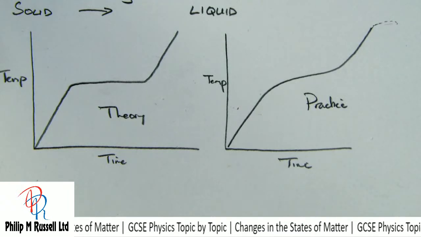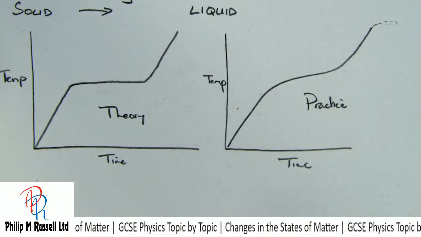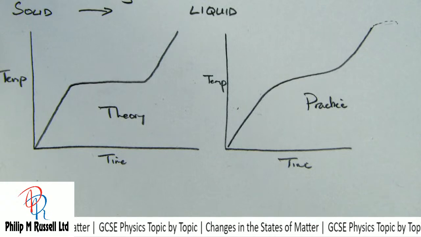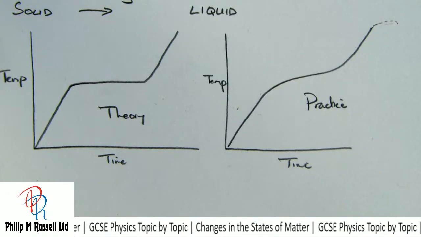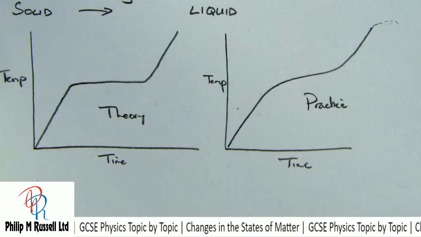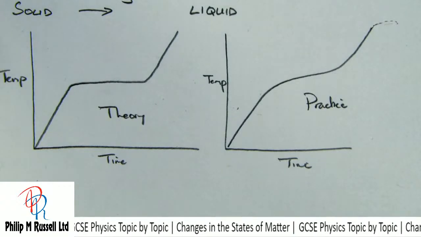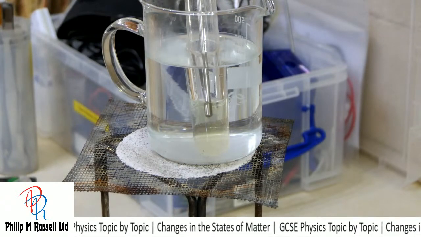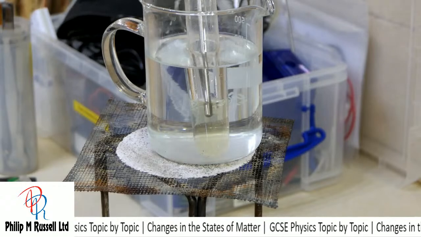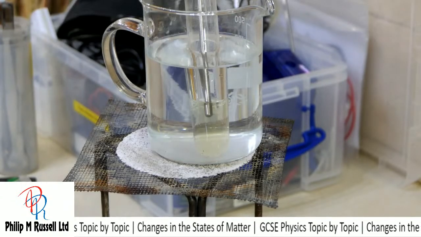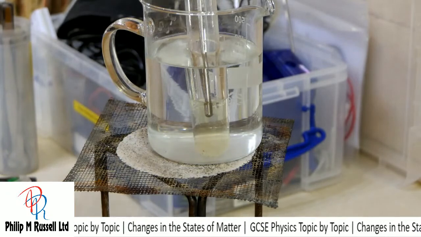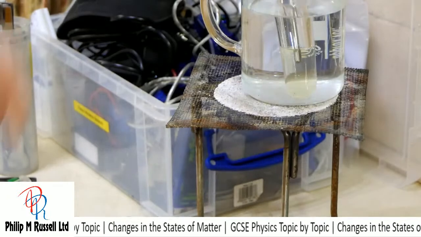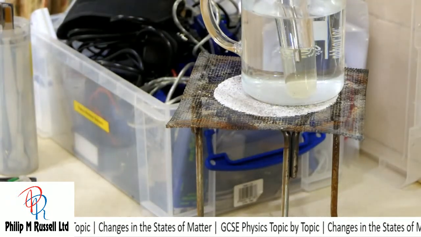Now while we're doing this, it's possible to do a slightly different experiment, which is to look at the changing of state, this time with its freezing point. I've got my liquid like that, and what I would need to do to allow this to cool down is to keep it hot like this, where it's at a constant temperature, and then put this into something like a test tube rack, and then we can see what happens.